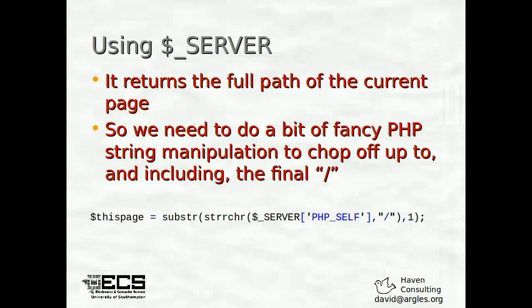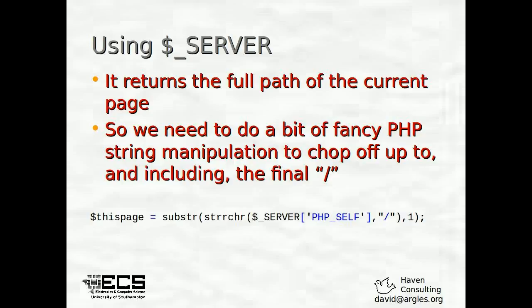So you can see this line here, $thispage is equal to substr, which is substring, and it's going to do a substring on strrchr, which is string right character. What strrchr is going to do is look for the rightmost character, which in this case, if you look along the line there, is slash, and give the slash and everything from there onwards up to the end of the line.